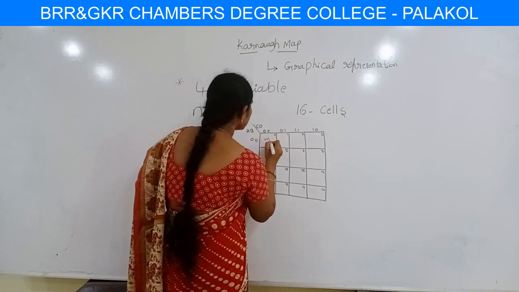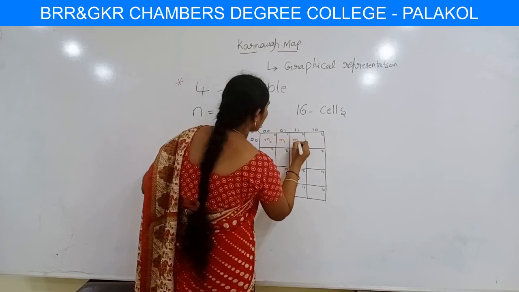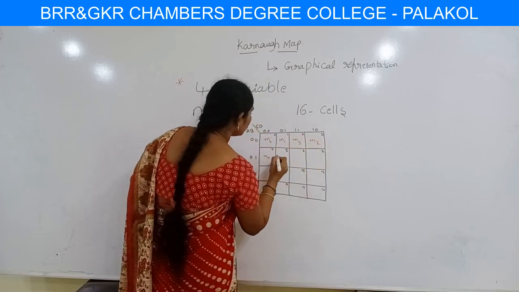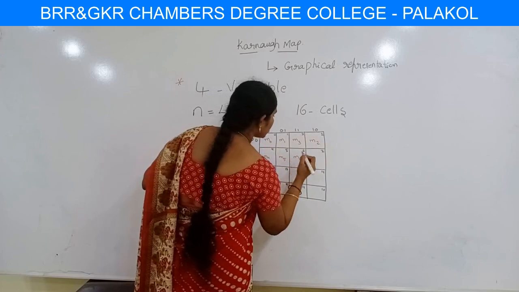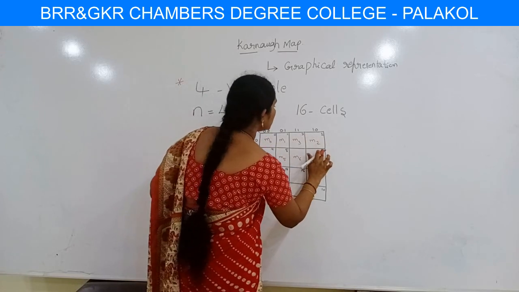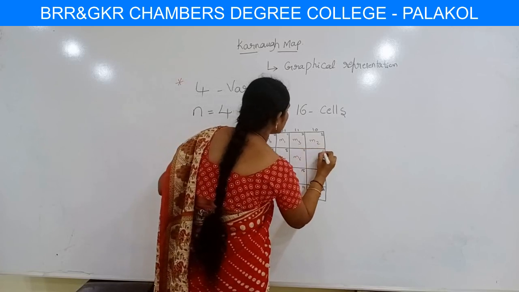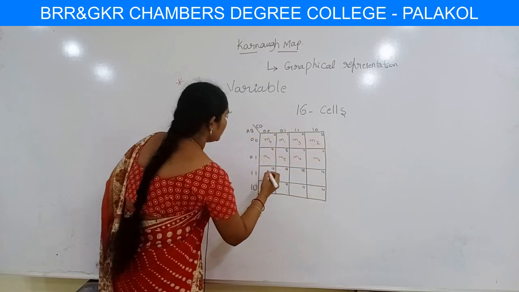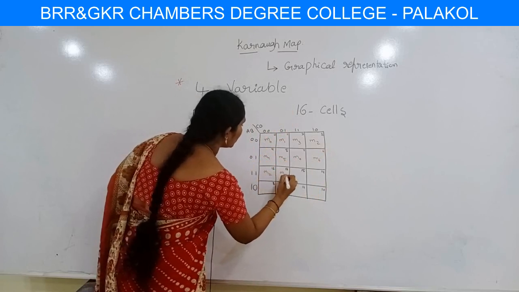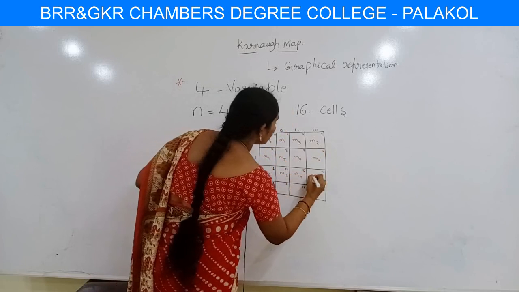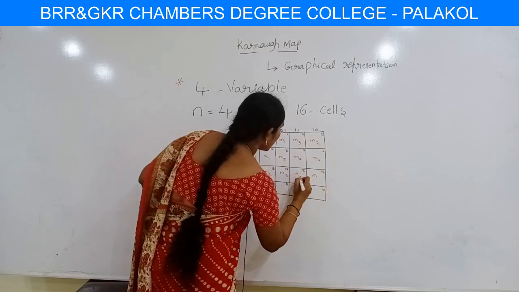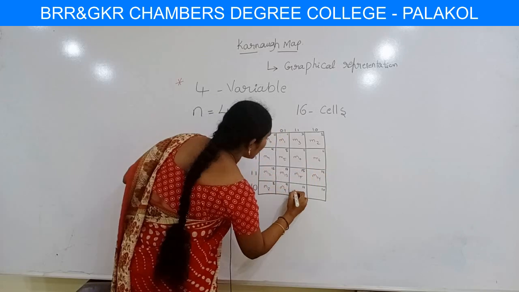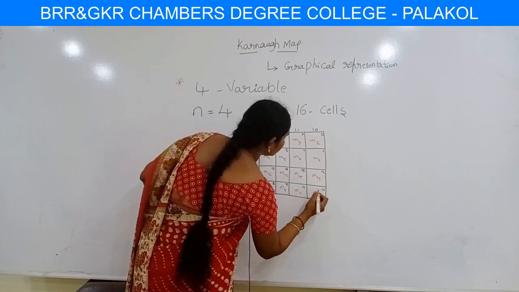So it will be represented as M0, M1, M3, M2, and M4, M5, M7, M6, then M12, M13, M15, M14, and M8, M9, M11 and M10.